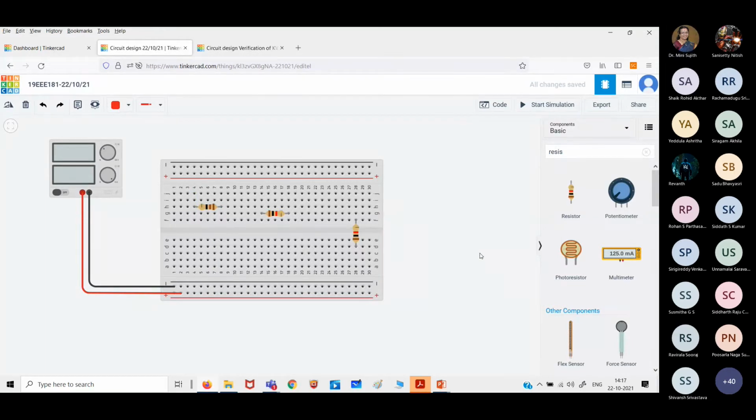I have preferred to connect the resistor in a horizontal way. Here all are vertical shorts, so I take this connection and connect it here to the positive. Here you can see all these are horizontal shorts, so I need to make this connection.